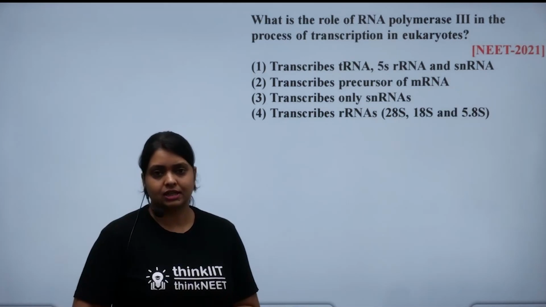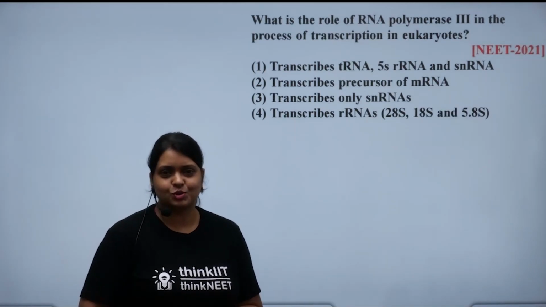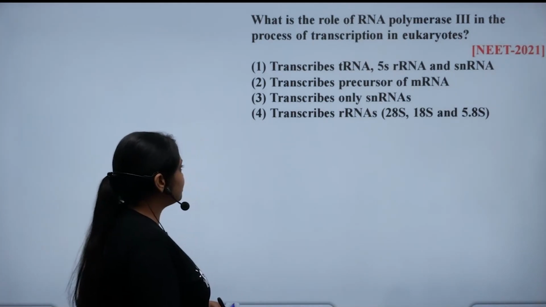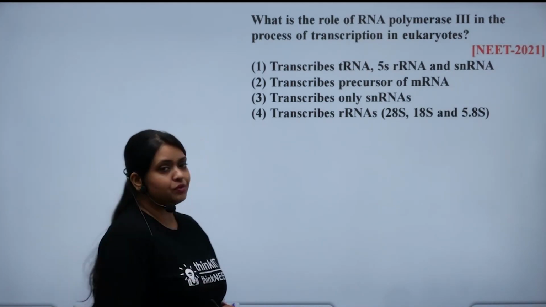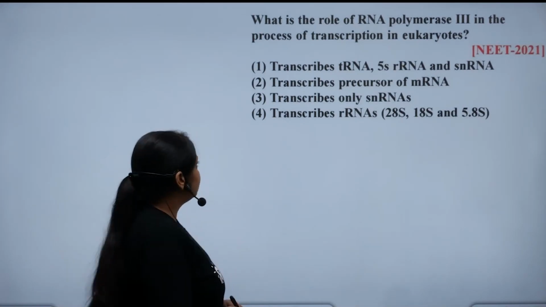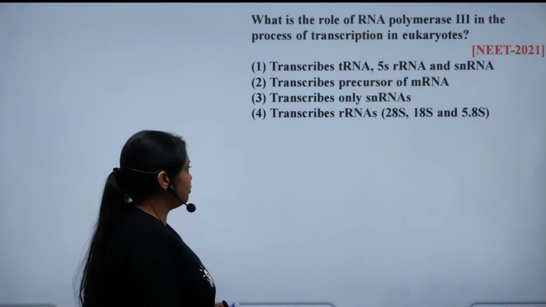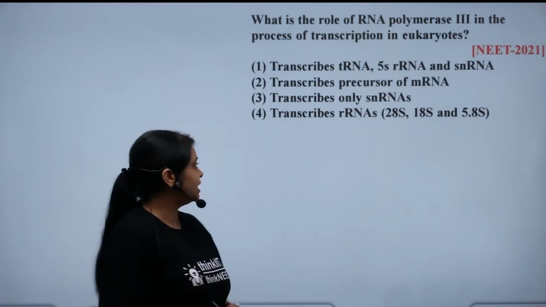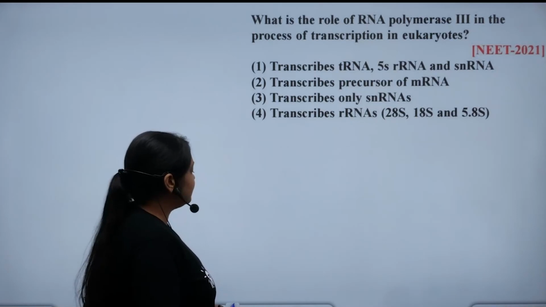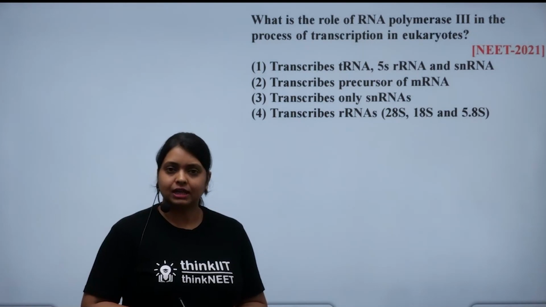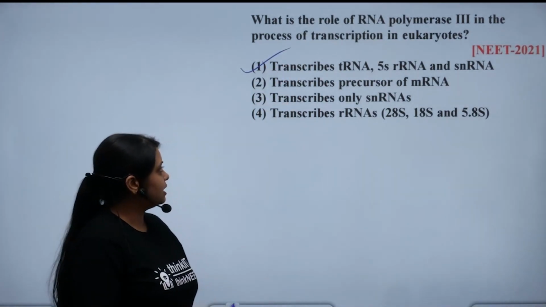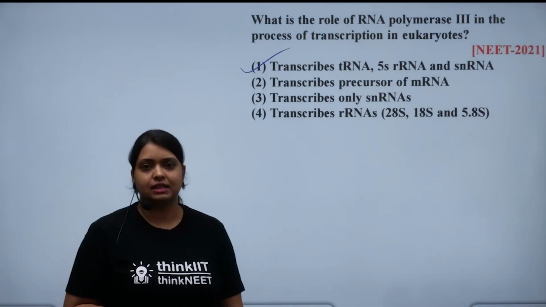In the first option the correct answer is given, but let's see other options also before saying that this is correct. Second option: transcribes precursor of mRNA. No, that is performed by RNA polymerase 2. Third, transcribes only snRNAs. No, wherever it is written 'only', don't look at that option as correct. Fourth, transcribes rRNAs, that is 28S, 18S and 5.8S. So the correct answer for this question is your first option, that is it transcribes tRNA, 5S rRNA and snRNA.